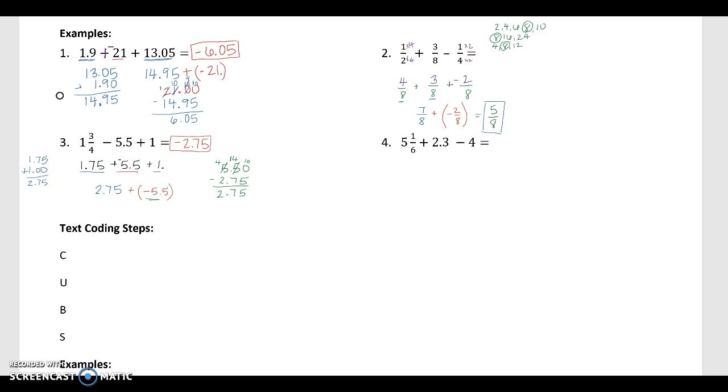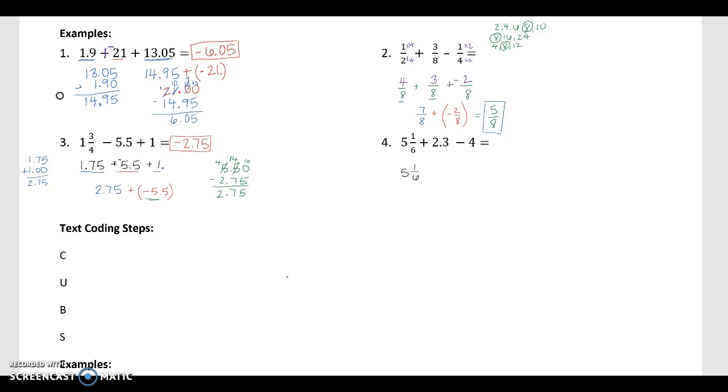All right, so the last one, we have 5 1/6 plus 2/3 minus 4. All right, so I don't know what 1/6 is as a decimal, so I'm going to go ahead and change them to fractions, okay? So I have 5 1/6, and then I have 2.3.